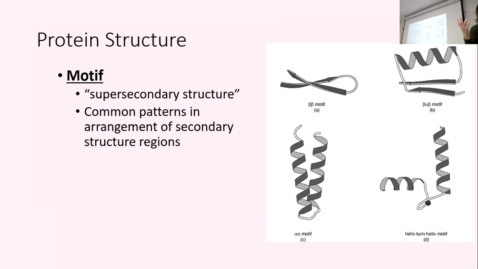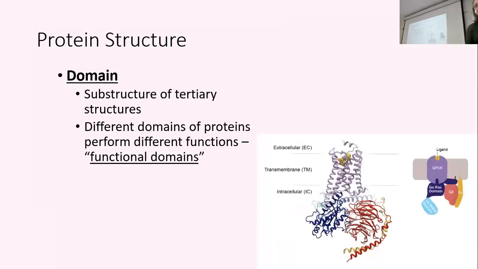Not that you need to know all these different motifs, but that you see these common patterns in the arrangement of the secondary structure. So common patterns in the arrangement of coils and sheets, basically, right? We call those motifs.